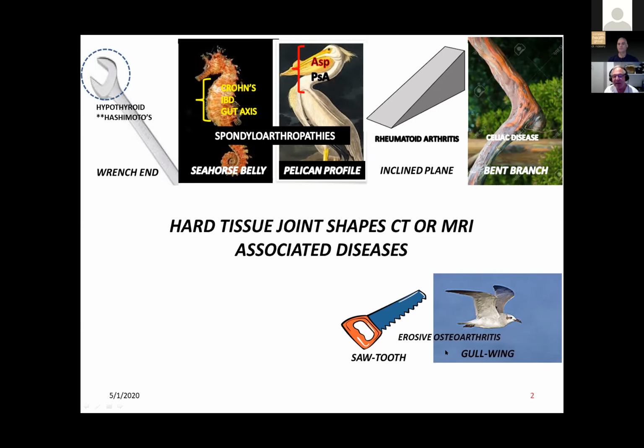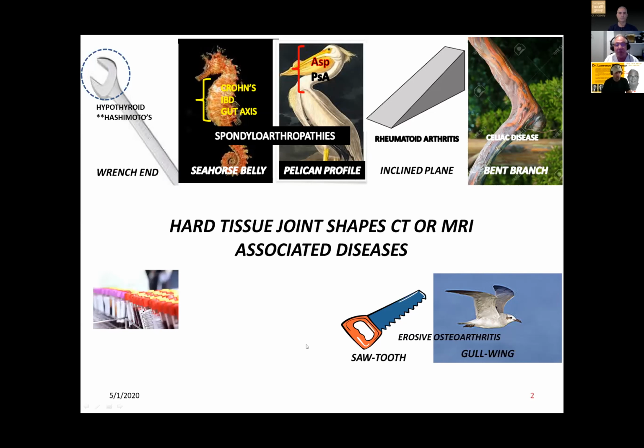As I come down into the most aggressive form of the osteoarthritic diseases, it's erosive arthritis. I'll show you one case with that, which has a sawtooth appearance and somewhat of a gull wing edge to it. So I'm going to show you the blood test with everything except erosive arthritis.